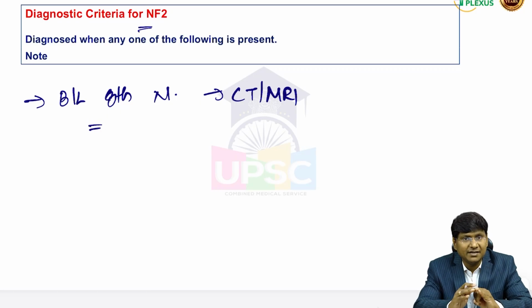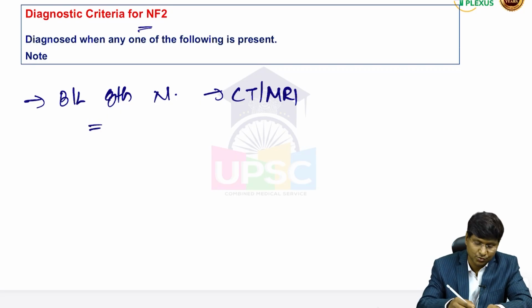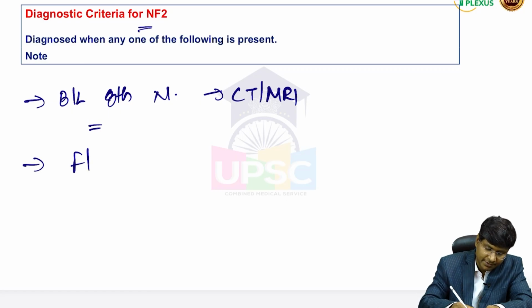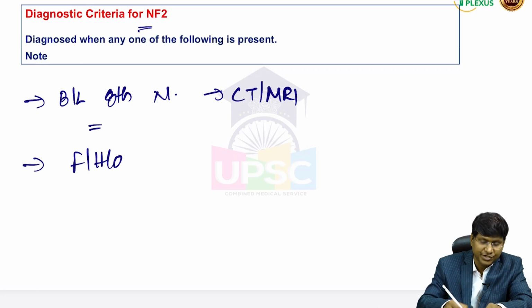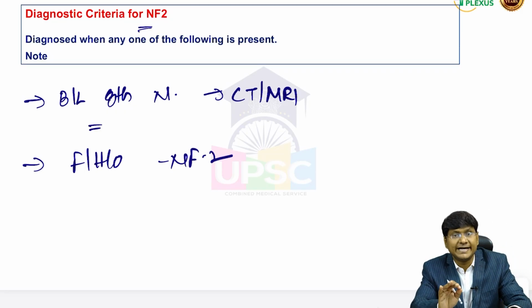And a parent, sibling or child with neurofibromatosis type 2, so there should be a family history of neurofibromatosis type 2. So these are the diagnostic criteria for neurofibromatosis type 2.